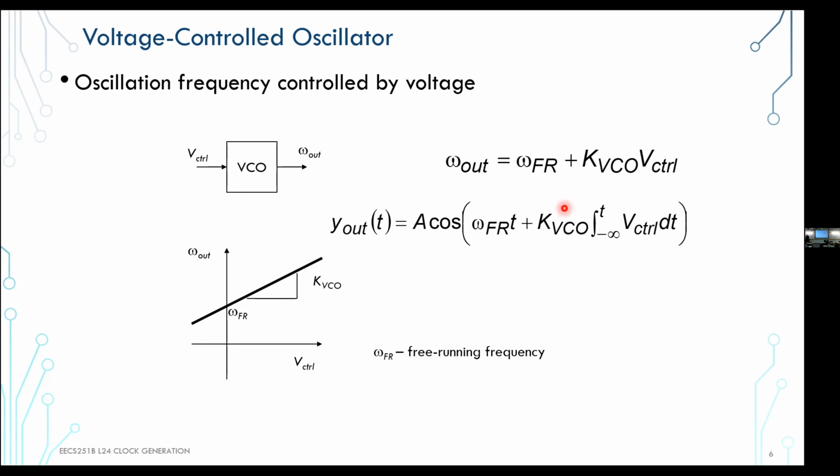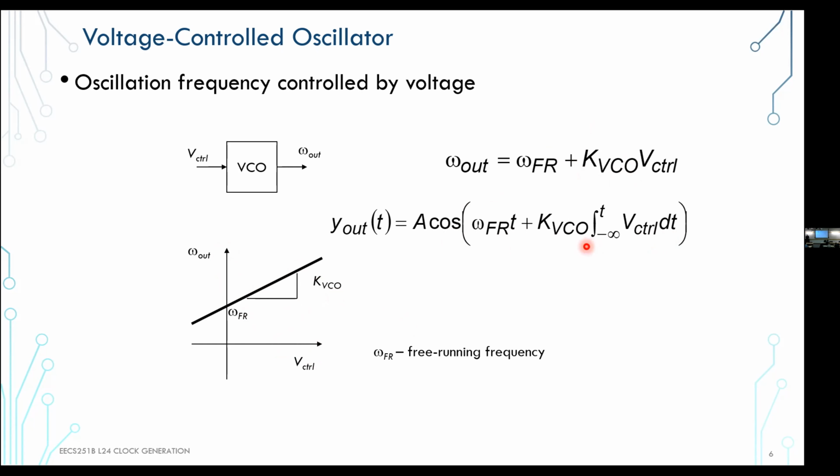From this view, we can extract the relationship. It's basically a linear relationship from this function of the output frequency versus the control.